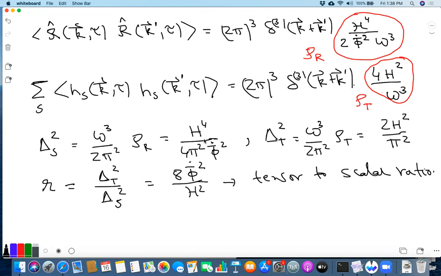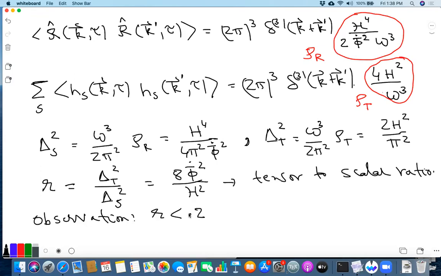And the point is delta S and delta T can be related to the observations in CMB, which we'll discuss later. But from CMB measurement, we know what these objects are. In particular, we haven't observed delta T yet, but observation gives the following results. It tells us that R is less than 0.2.